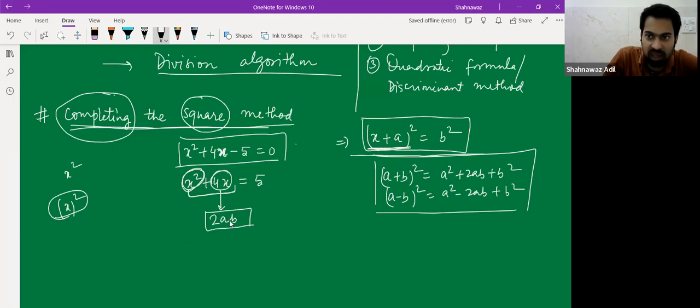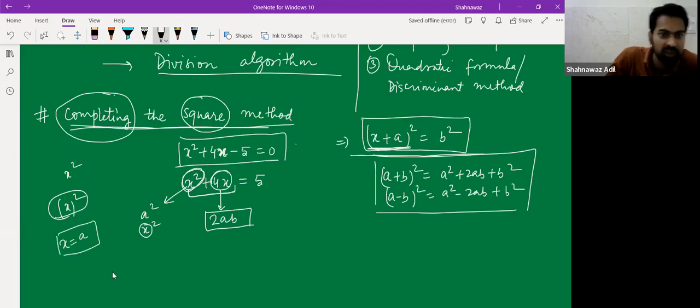Did you guys understand this picture? Right. So this is your a square, which is x square. So what is a? This term we know, which is 2ab.